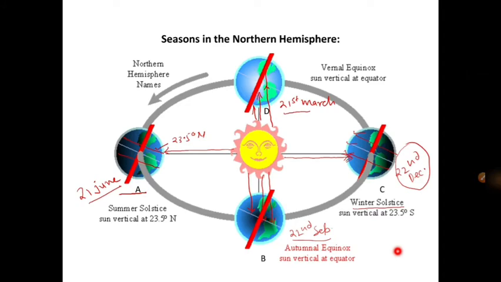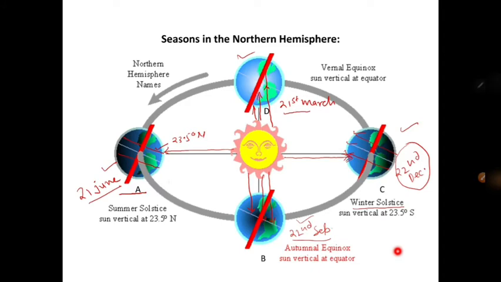One thing more. You can see here there are 4 positions: position A, position B, position C and position D. In the northern hemisphere, when the earth is in position A, when the sun shines vertically on the Tropic of Cancer, there is summer season.